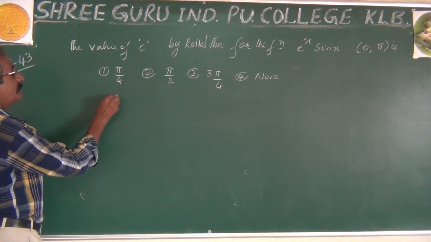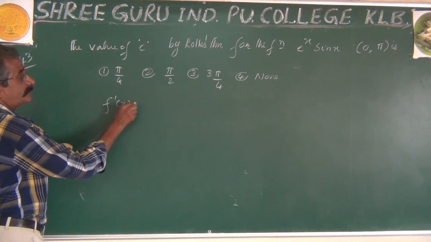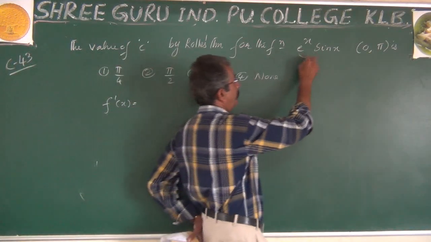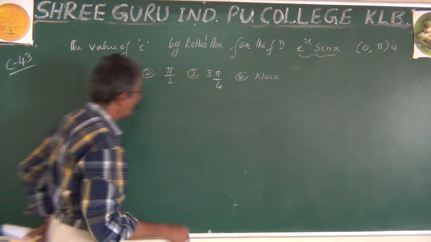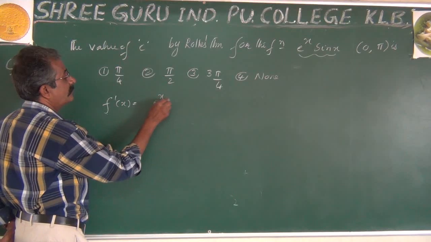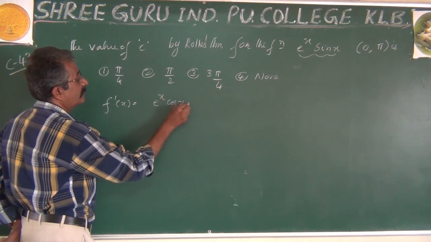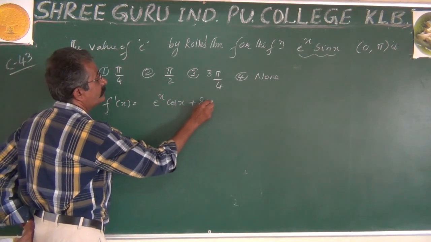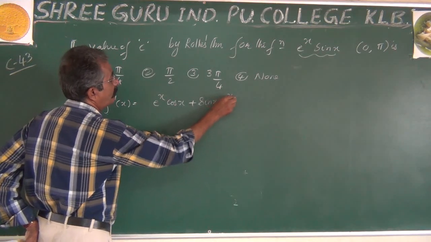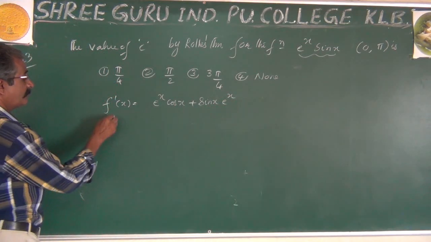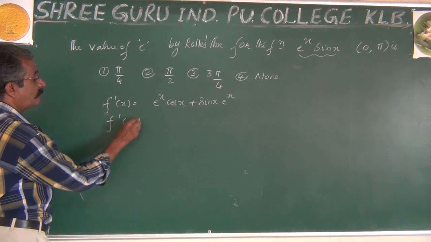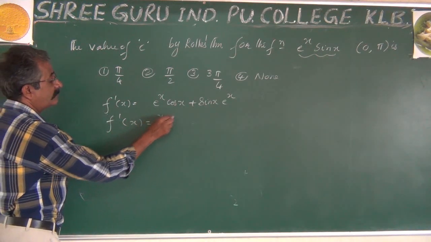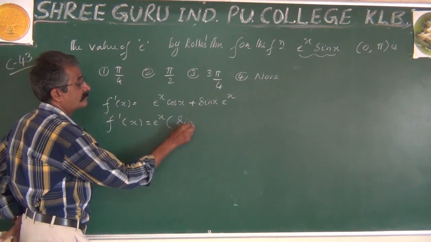So very first f dash of x, this is f of x. To get f dash of x, apply product rule. First function e power x into cos x plus second function sin x into differentiation of e power x is e power x. That means f dash of x equal to e power x common in the bracket sin x plus cos x.